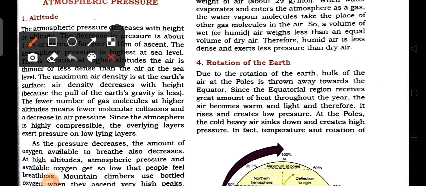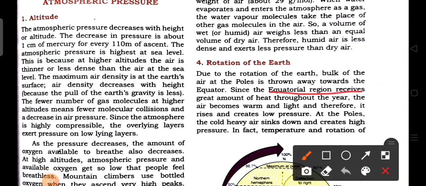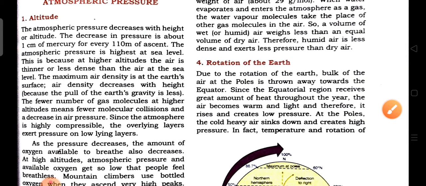Since the equatorial region receives a great amount of heat throughout the year, the air becomes warm and light, and therefore it rises and creates low pressure.